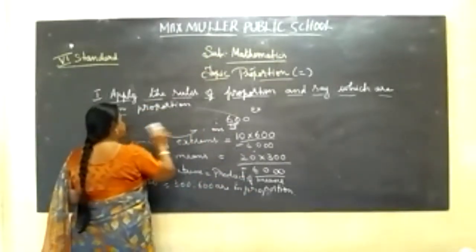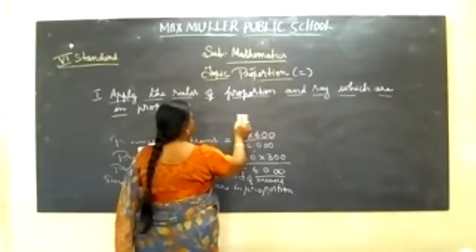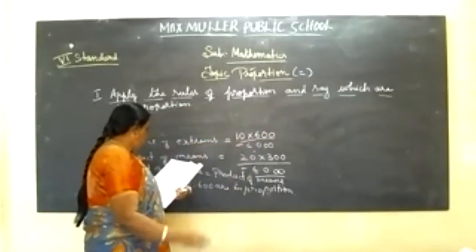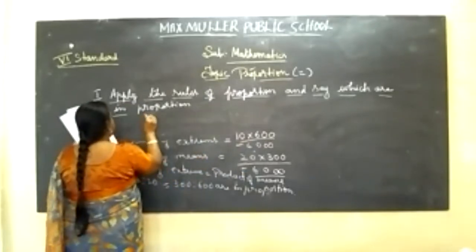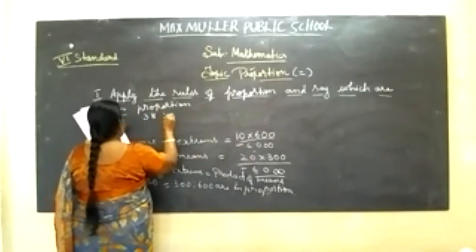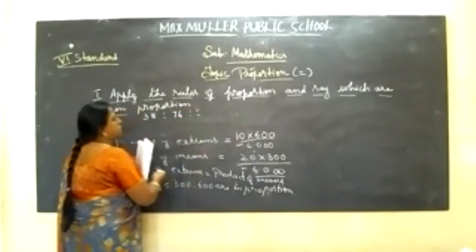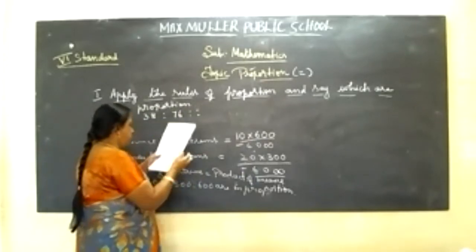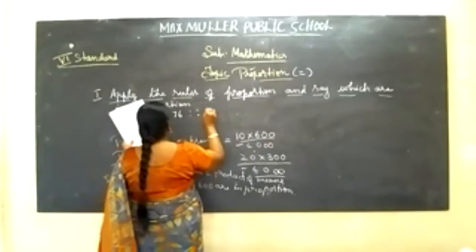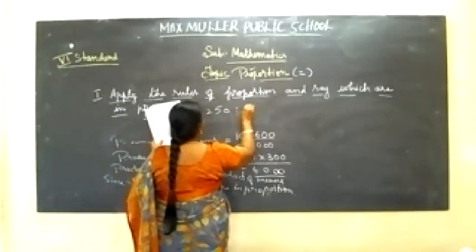Now second question. Question number 2. 38 is to 76 as or proportion. How to read this? Is as or proportion, 250 is to 500.